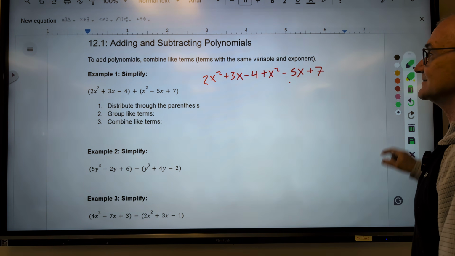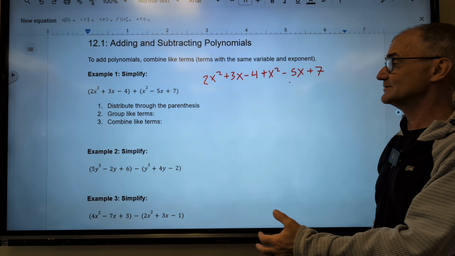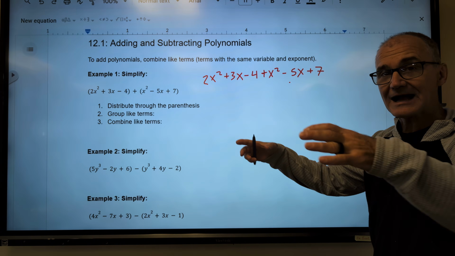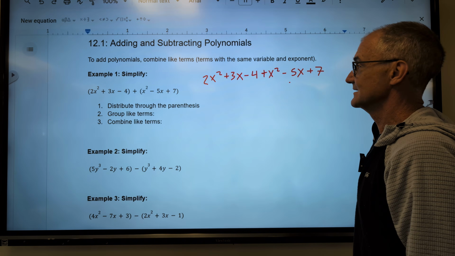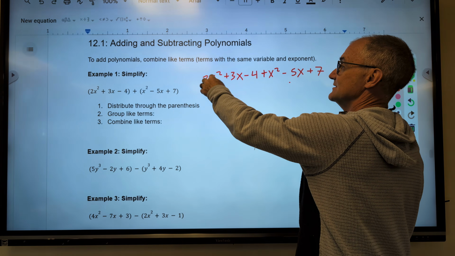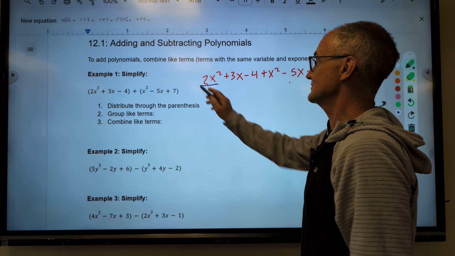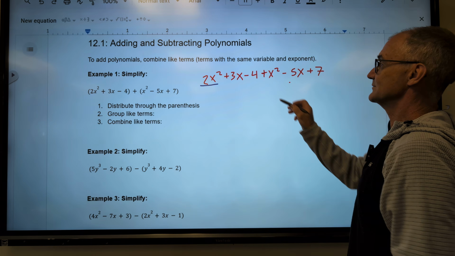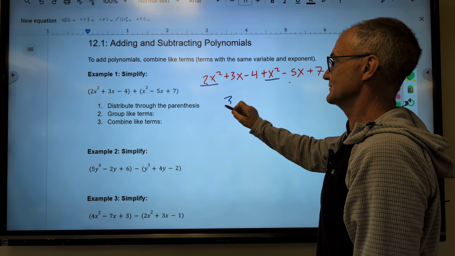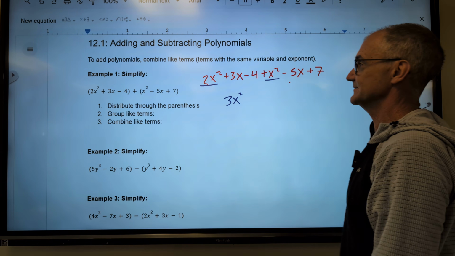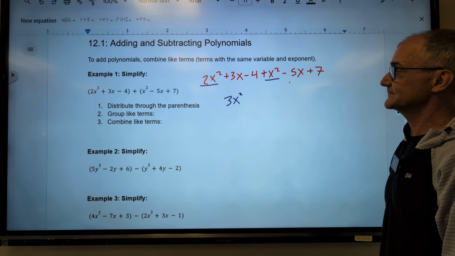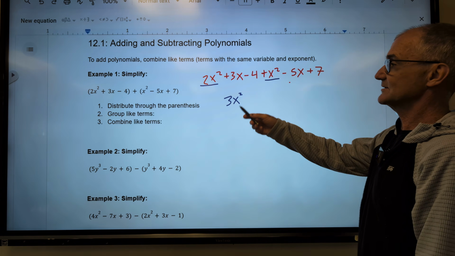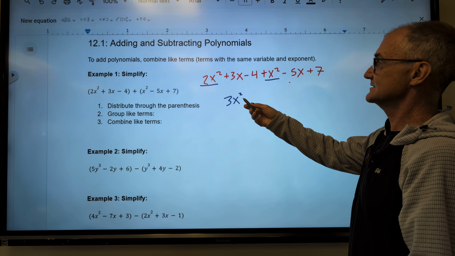Now, what I'm going to do there is I'm going to combine similar terms. Right? I'm going to put all my apples in an apple basket, all my oranges in an orange basket. So what I'm saying here is I have 2 of these x squareds plus 1 more of these x squareds to give me 3 total x squared. We're really going to build on this idea a lot through the rest of this book. Then after I look at my second degree, I'm looking at just x's.